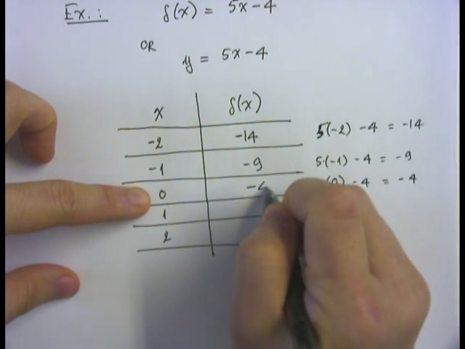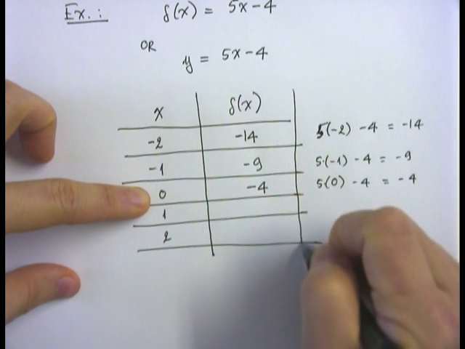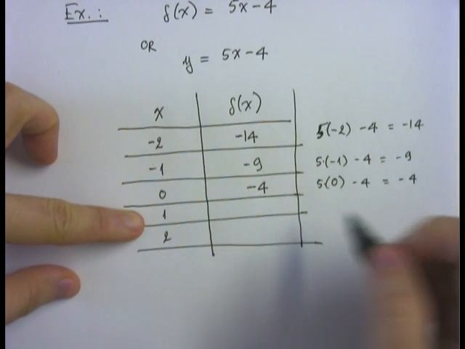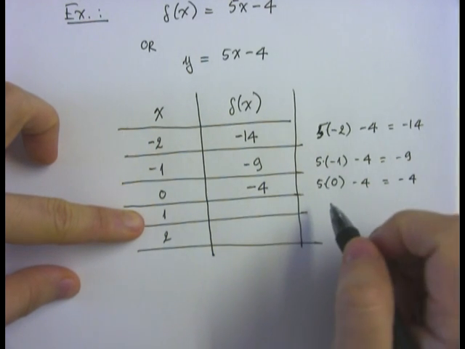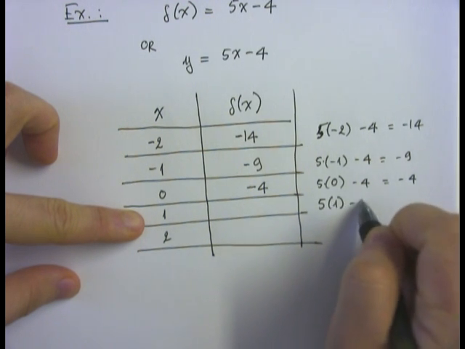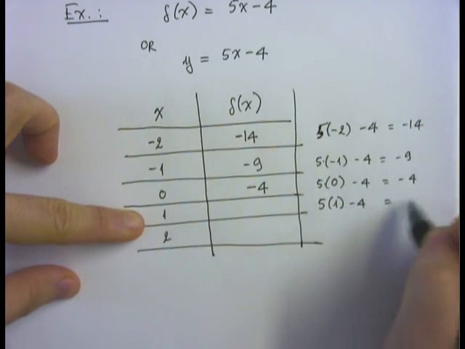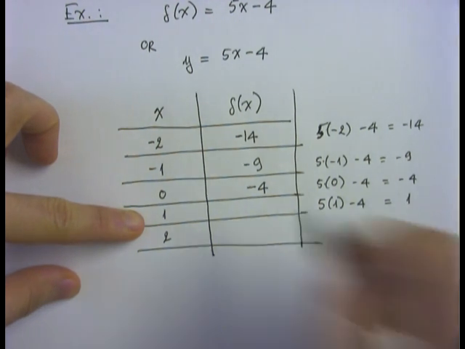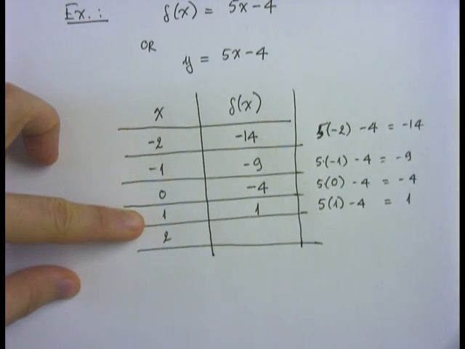So -4 is what you fill in on this side of the column. And when x equals 1, you go 5 times 1 minus 4, which equals +1.